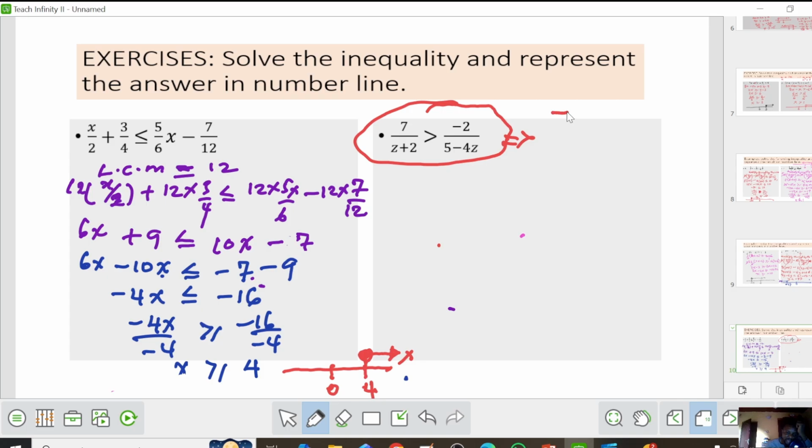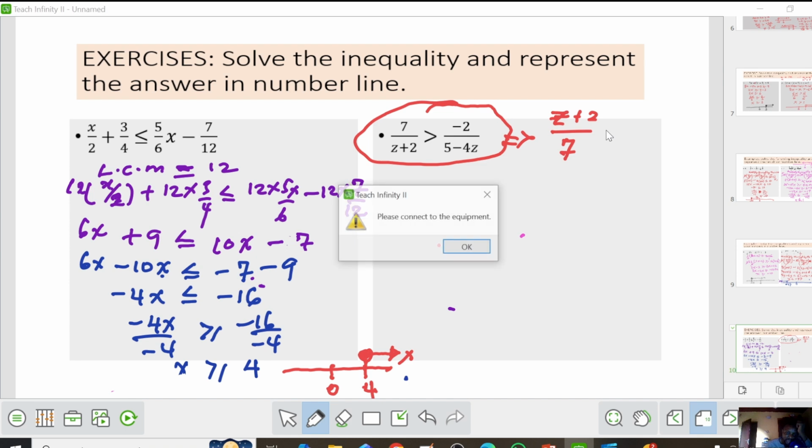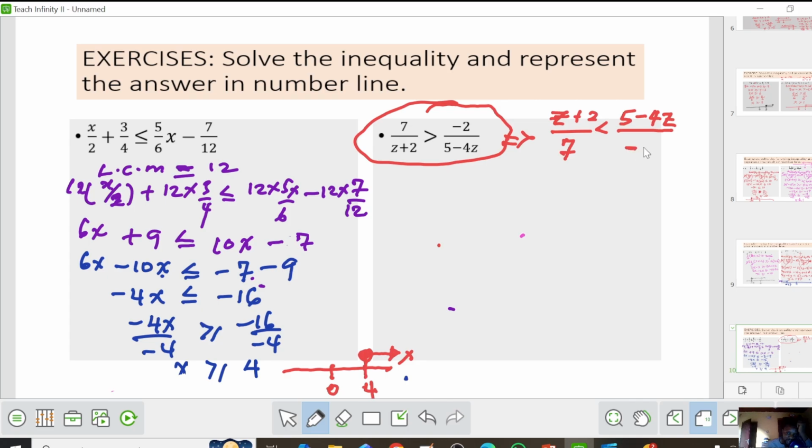I can write this number as z plus 2 divided by 7. So I inverse this one, and the sign is going to reverse. I will also inverse this one. Now I can easily use the LCM to be -14, to clear it to the top. That's where you apply the fourth rule.